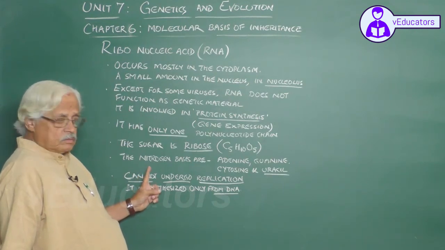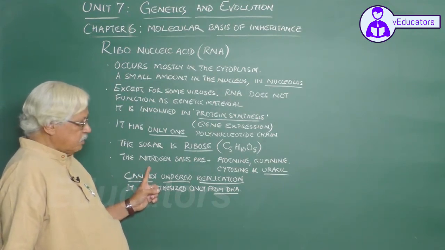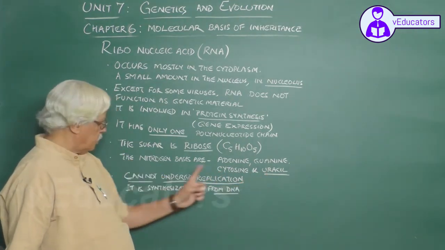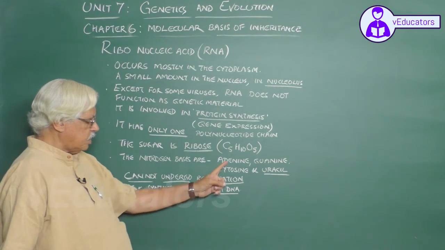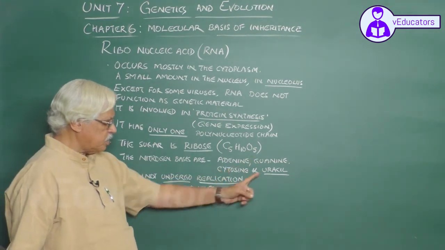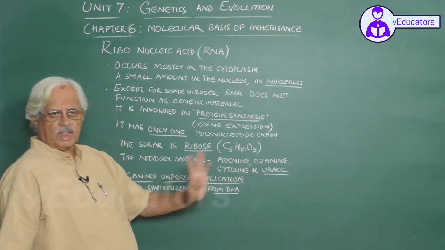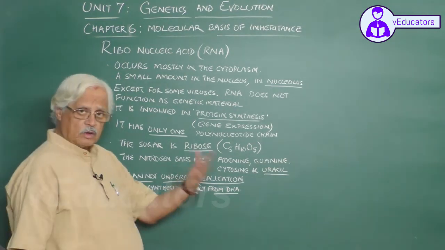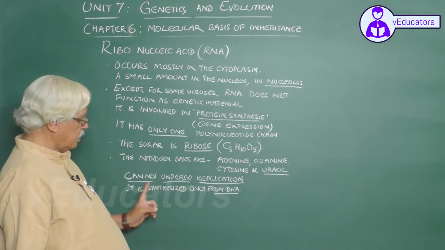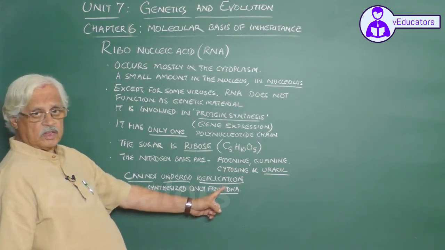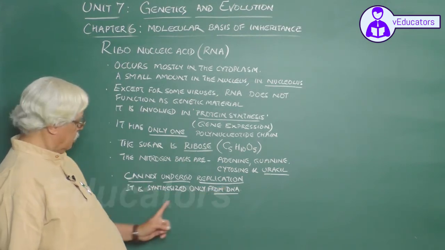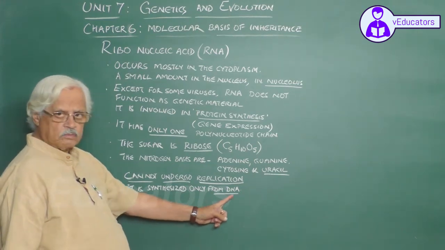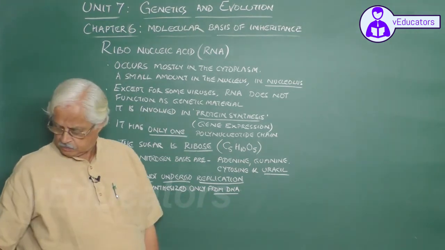Nitrogen bases. In DNA, nitrogen bases are adenine, guanine, cytosine and thymine. In RNA, nitrogen bases are adenine, guanine, cytosine and uracil. DNA undergoes replication, but RNA cannot undergo replication. Therefore, RNA will have to be synthesized only from DNA.